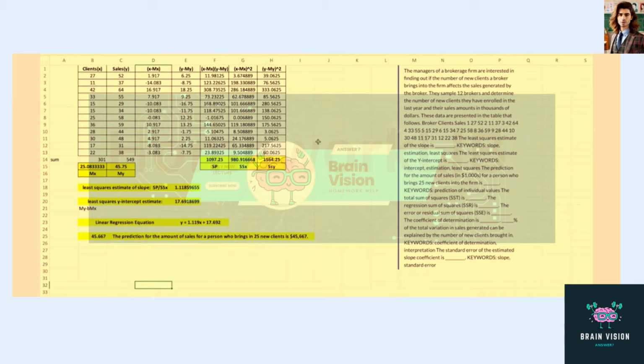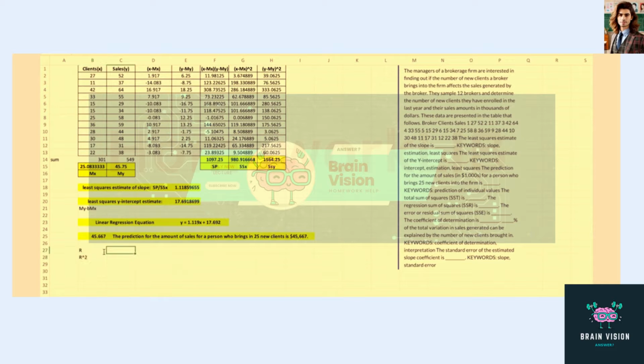I have in the tables above the other information that you were asking for: the sum of the squares, the regression sum of the squares, and the coefficient of determination. So that's r, and it's looking for r squared.